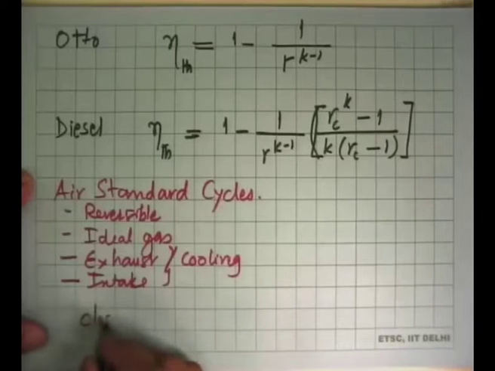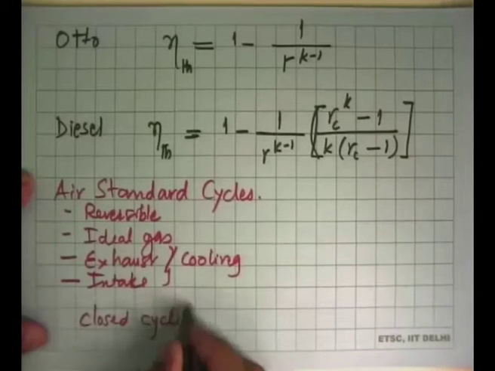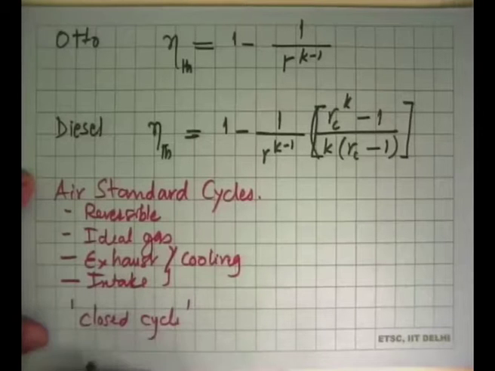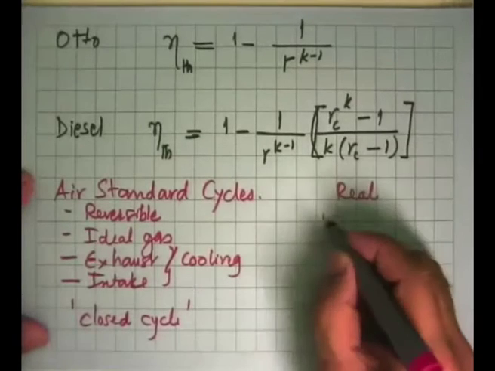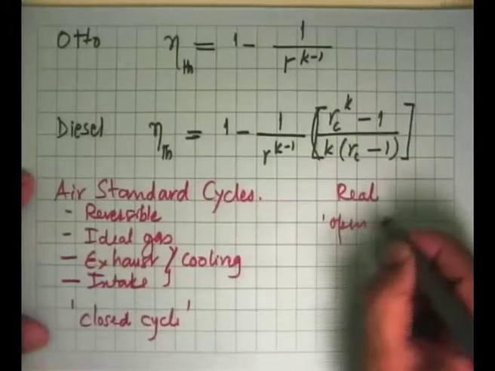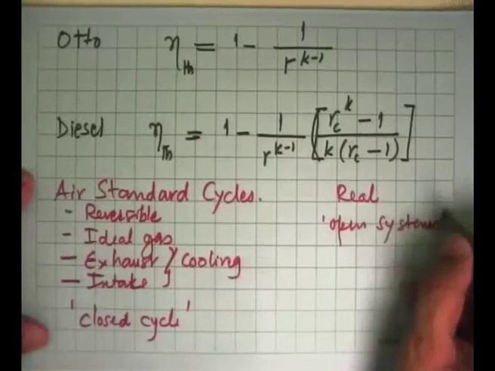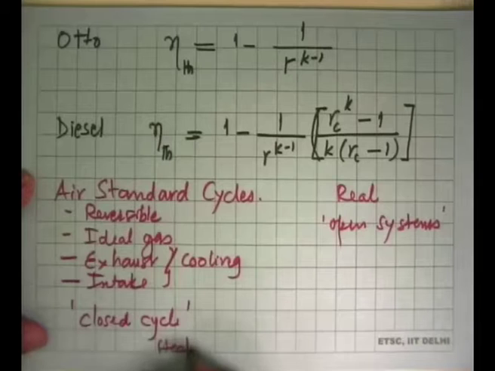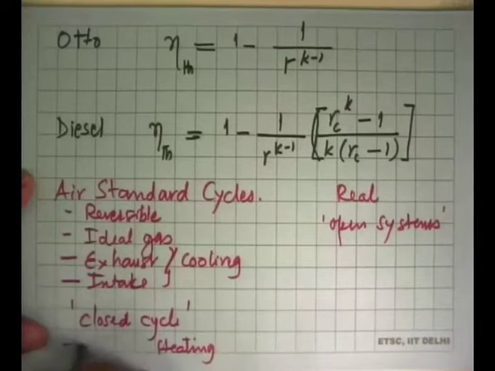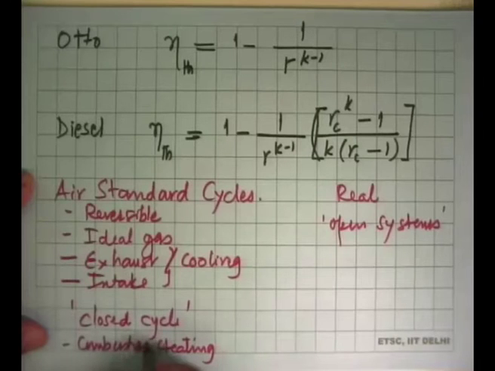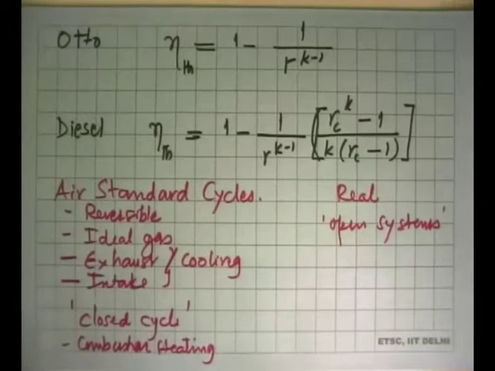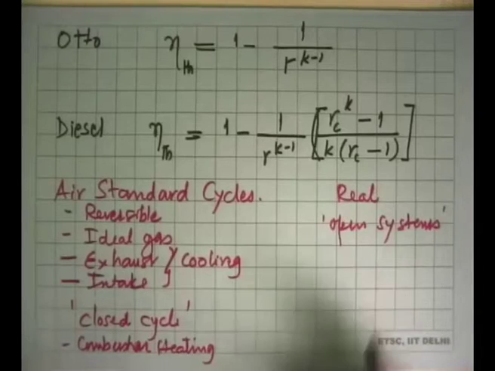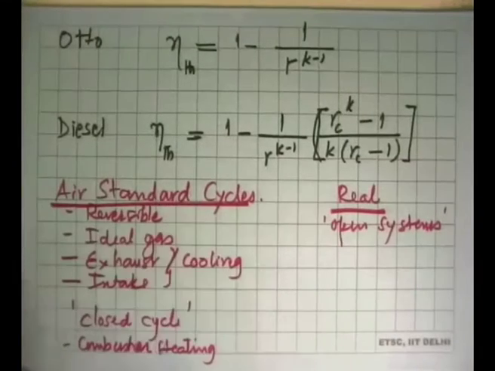So the air standard cycle is a closed cycle, unlike real cycles, which are open systems, because after the combustion is done, and of course the heating is replaced by a combustion process. So those are all the major differences between real cycle and air standard cycle.